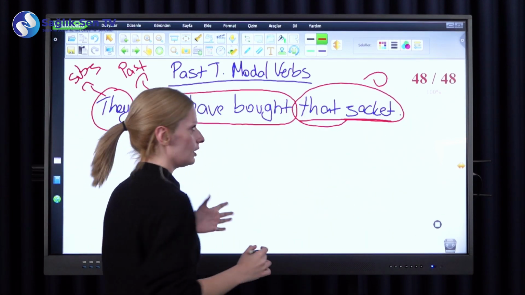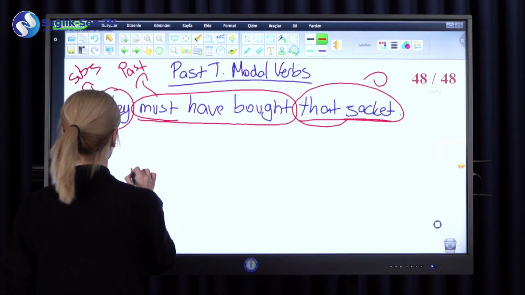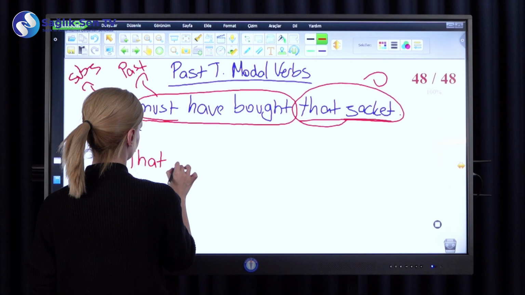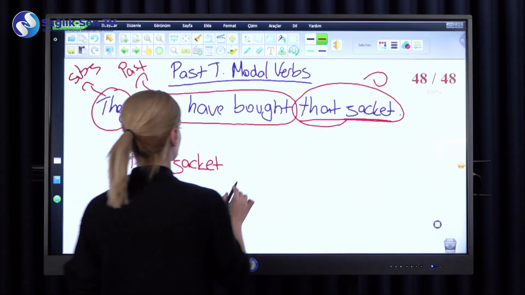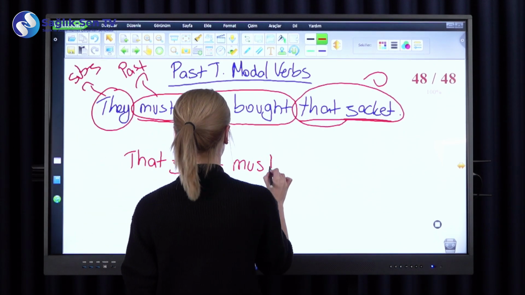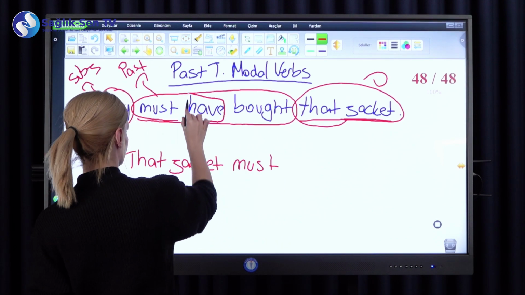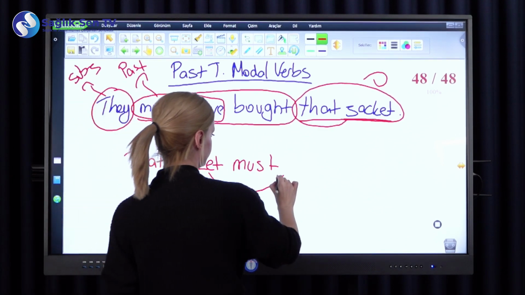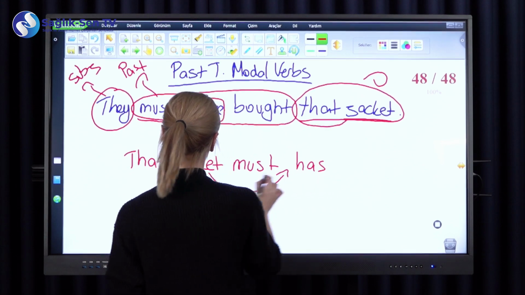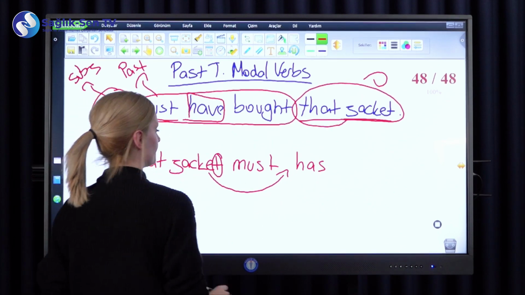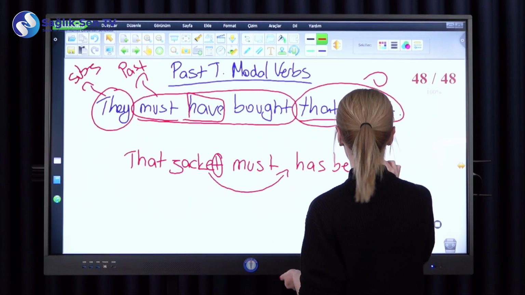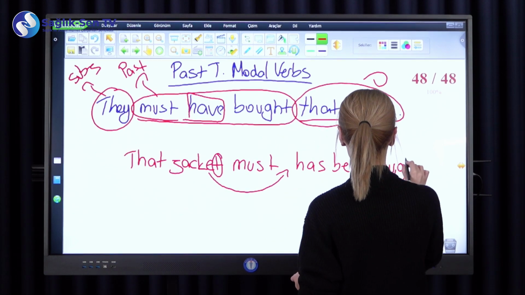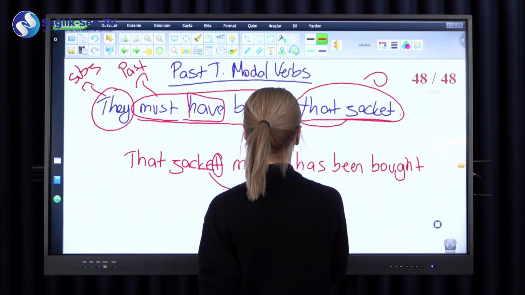As usual, I will start with my object, that jacket. Then my modal verb, must. I'm not going to use have. Instead, I will say has, because this is singular. Has been bought by them.